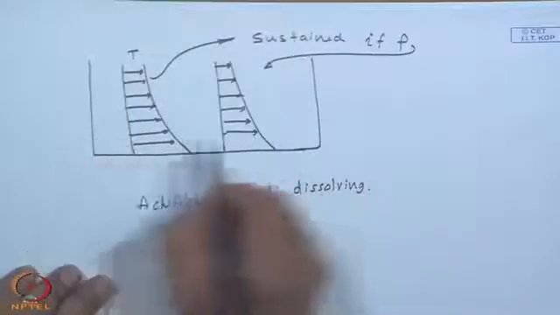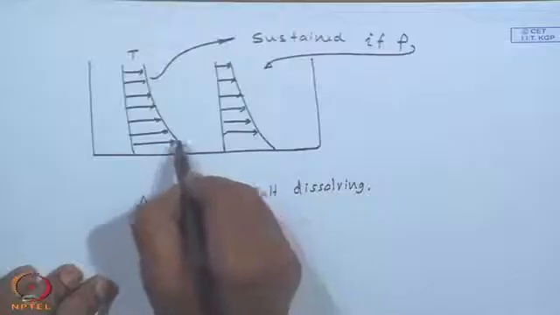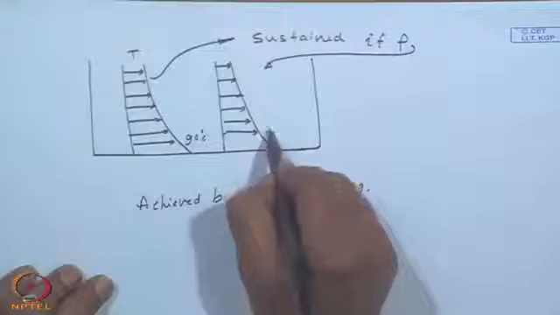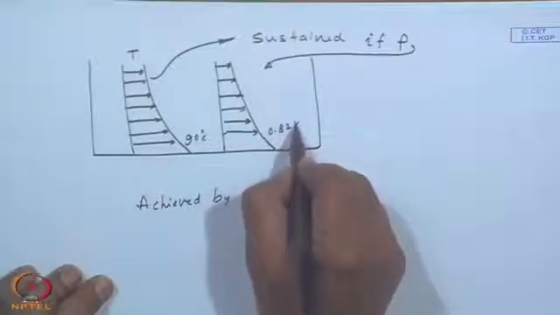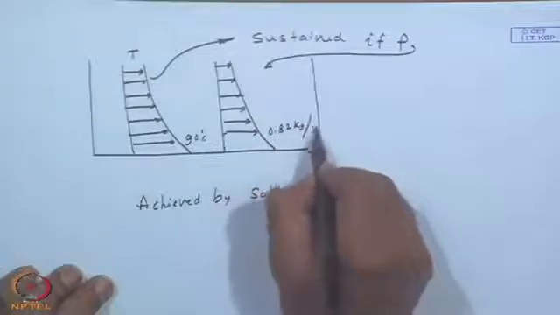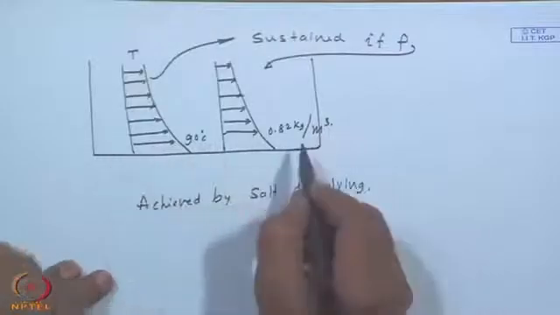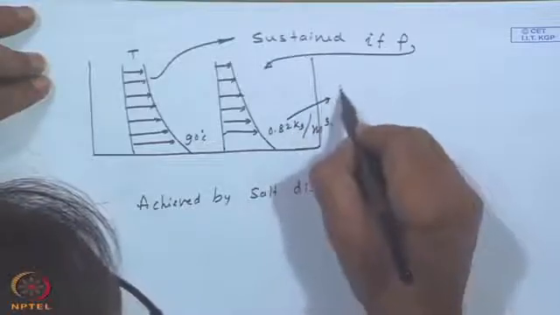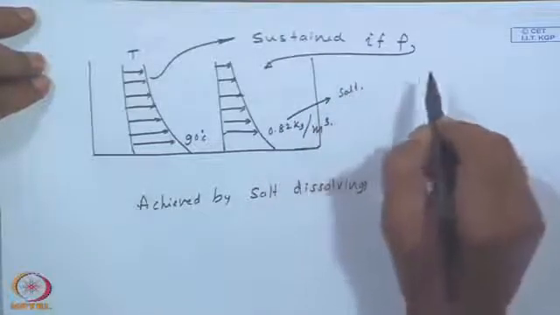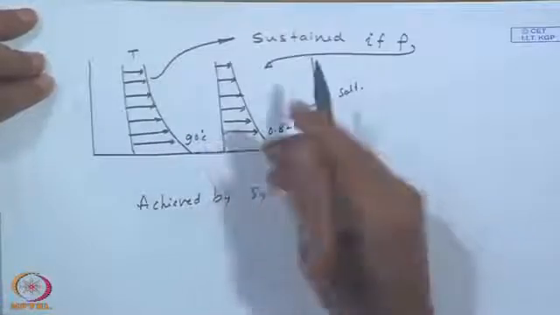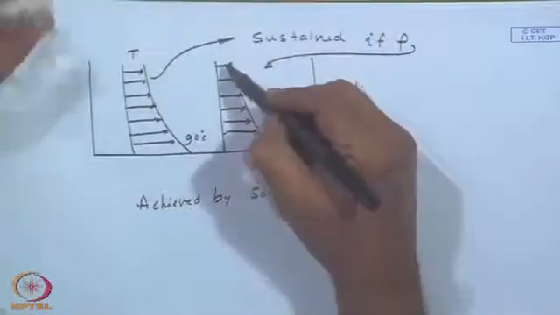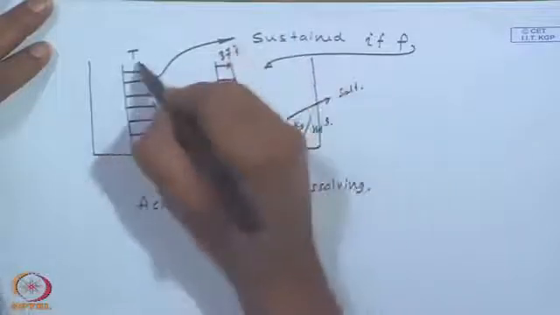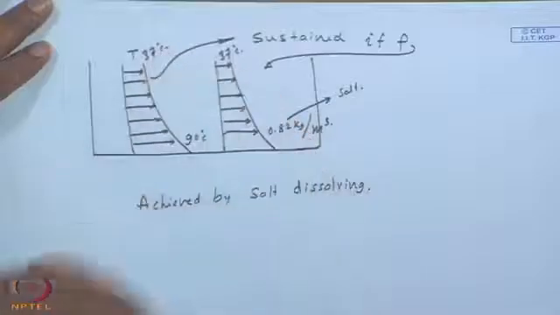So, this will be at let us say 90 degrees C, and I add 0.82 kg per meter cube. So, this layer will have 0.82 kg of salt per meter cube at 90 degrees, which makes the density higher than what it is at, let us say, 37 degrees C. Okay.